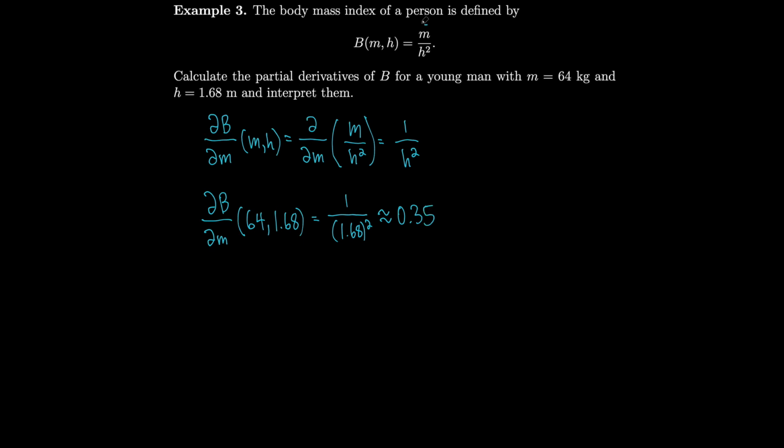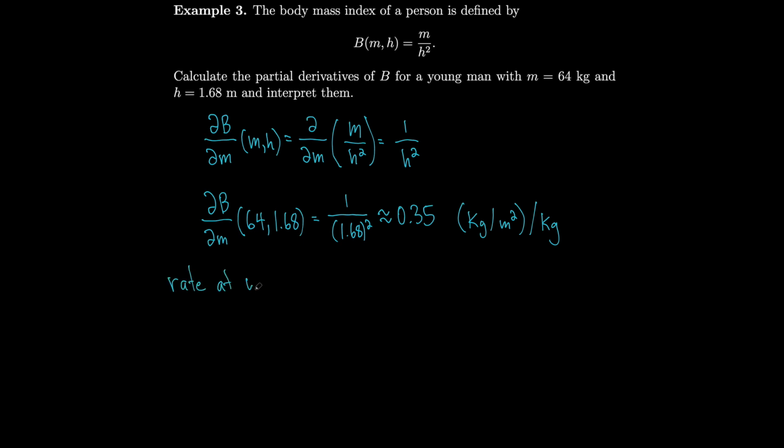So we started with mass over height squared, so we started with kilograms per square meter, and then we took a partial derivative with respect to mass again, so that means we get another per kilogram. So it's kilograms per meter squared per kilogram. This is the rate at which this body mass index changes with respect to weight.